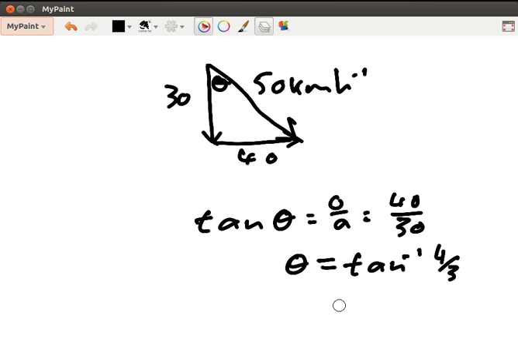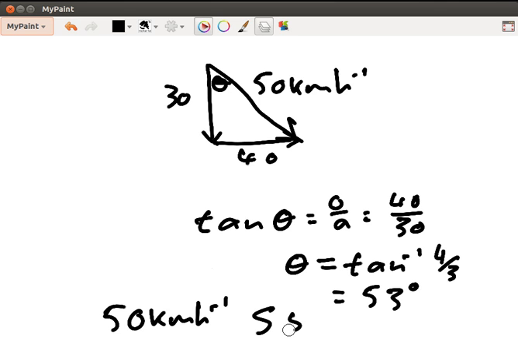Let's have a 1 1/3. So that's going to equal 53 degrees. So we know our result is going to be 50 kilometers per hour south, 53 degrees east. How cool is that?